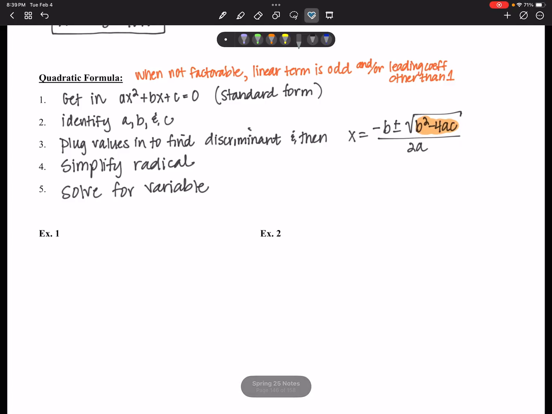Okay, so here's our first example. We've got x squared minus 3x plus 4 equals 0. Now, if I try to factor this, this is not factorable. I know we're thinking 4 and 1 is a difference of 3, but remember that to multiply to be positive 4, it would have to be the same sign.